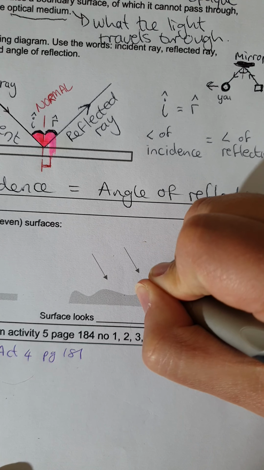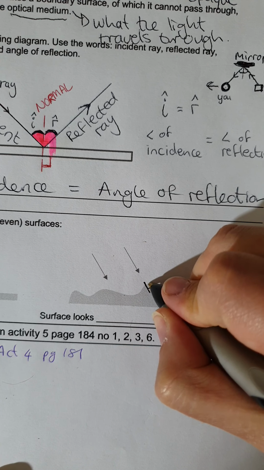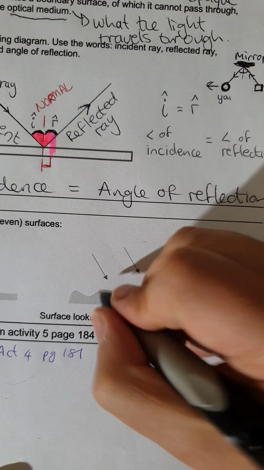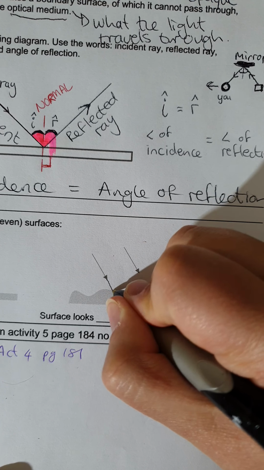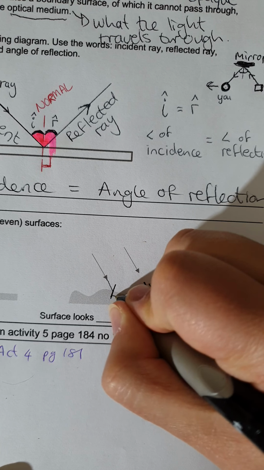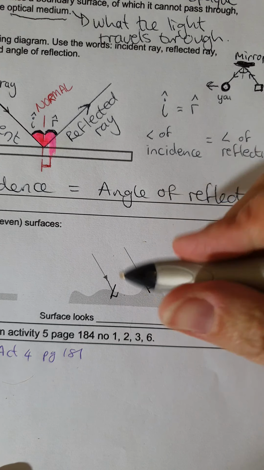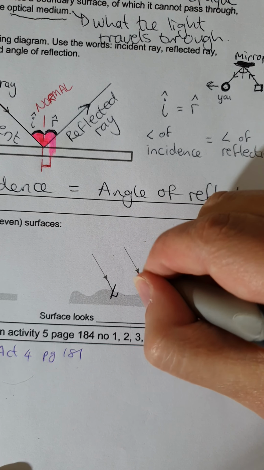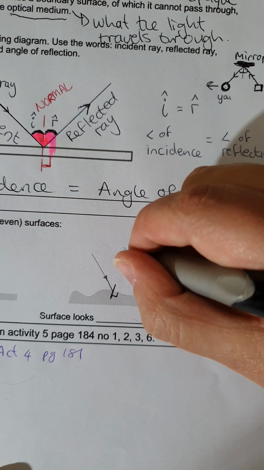So let's see here. If I draw a normal, now remember normal is 90 degrees to the surface. So imagine it's 90 degrees there. And over here, this is coming in. And here's my normal, 90 degrees. So if I come here, it's going to go right back on itself.